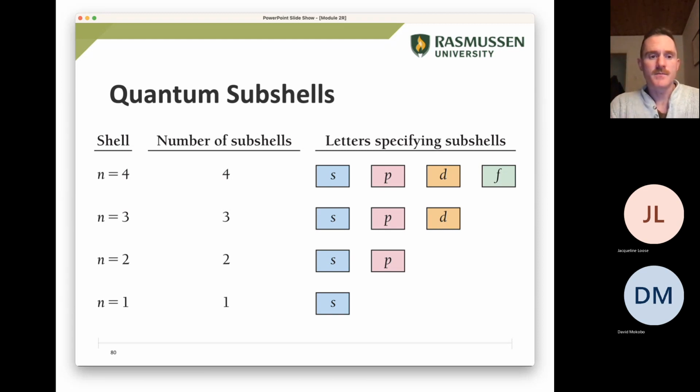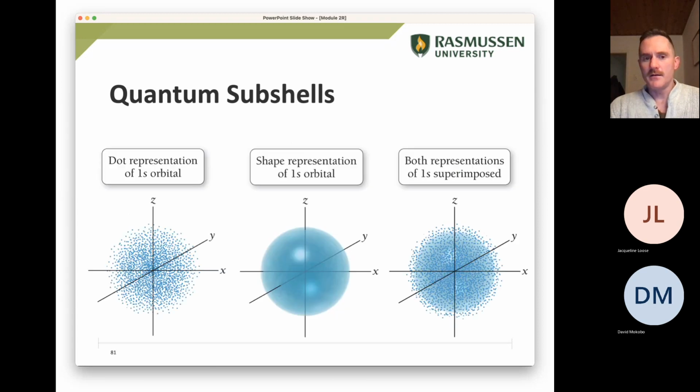That's the s. The n equals 2 principal quantum number has two subshells, s and p. The third has three subshells, s, p, and d. And the fourth has s, p, d, and f. So you notice a bit of a pattern here.